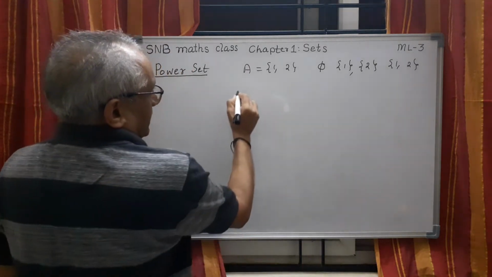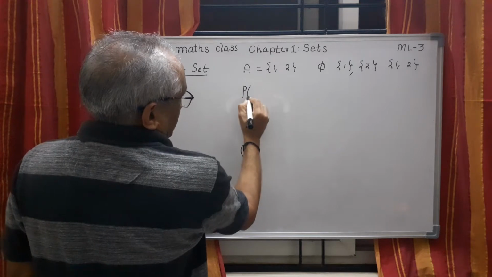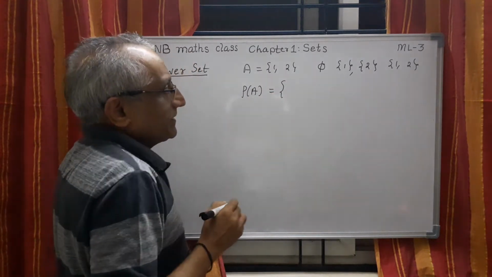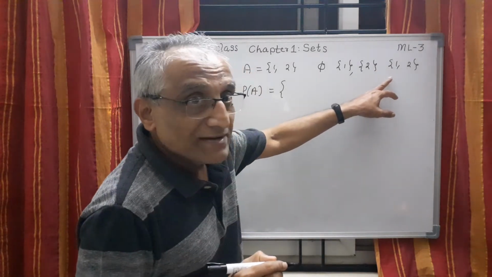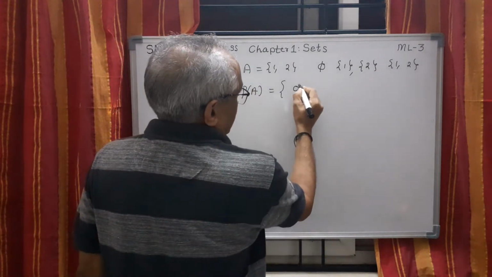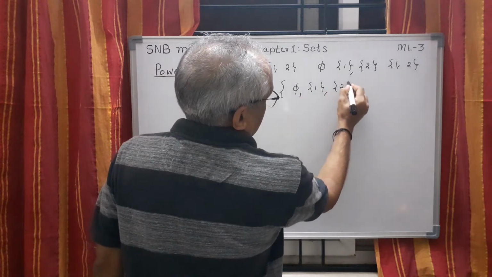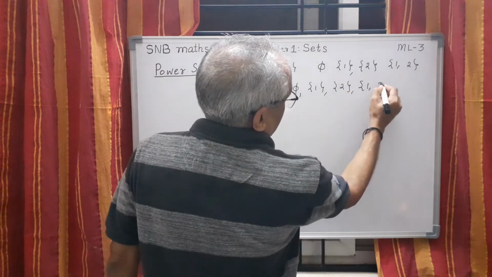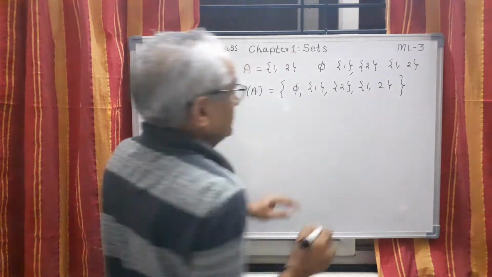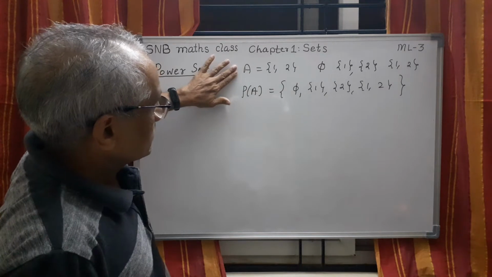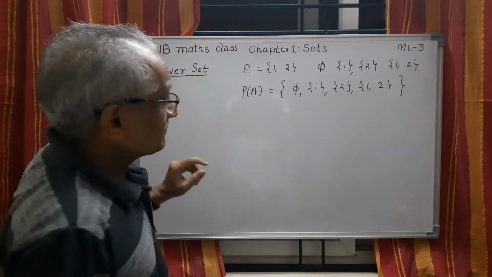Now if you write power set A, what you have to do is take these as the elements. That means phi, then {1}, then {2}, then {1, 2}. If you write this one, this is called the power set of A. Here you have to remember one thing.